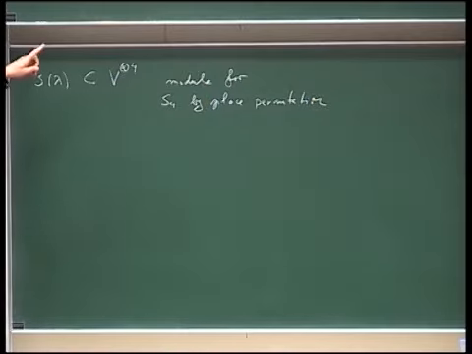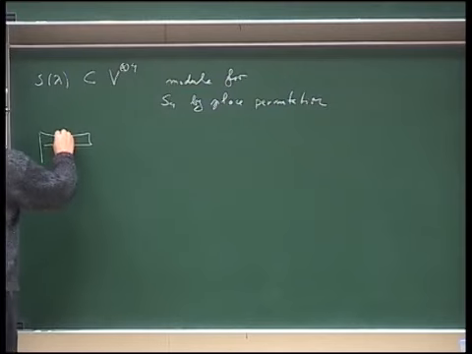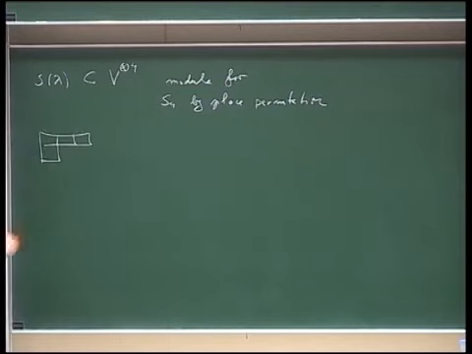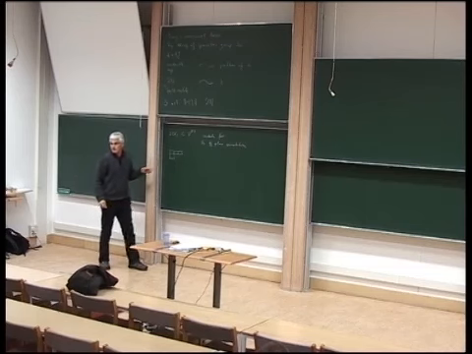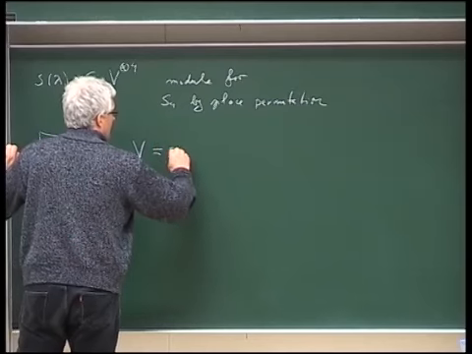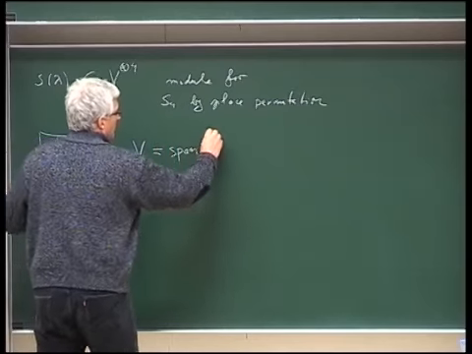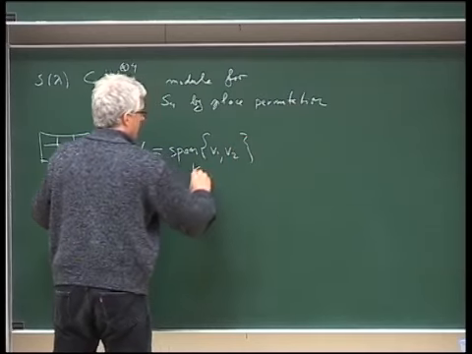Now the Young diagram corresponding to this lambda is this one. 3 boxes in the first row, 1 box in the second row. So I have altogether 2 rows. So for this reason, I take V to be a vector space of dimension 2. So V should now be the span of 2 vectors V1 and V2 over the ground field, and these are the basis.